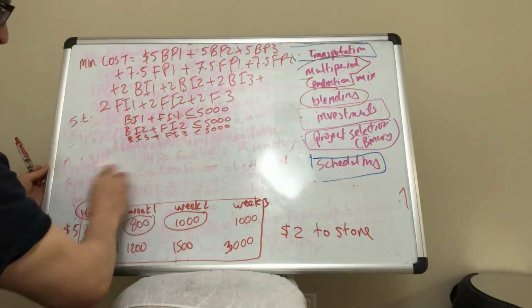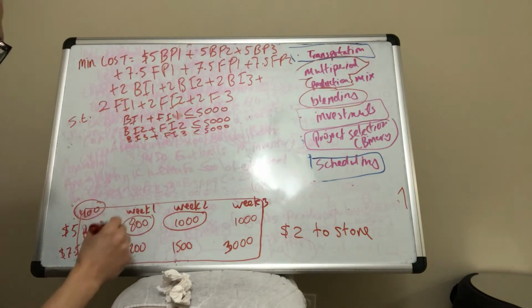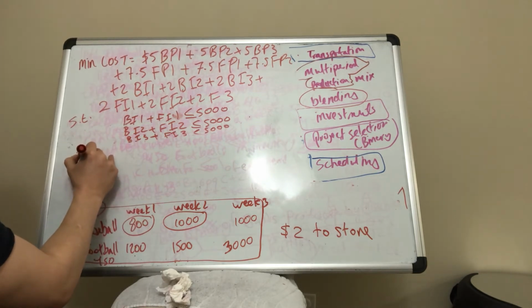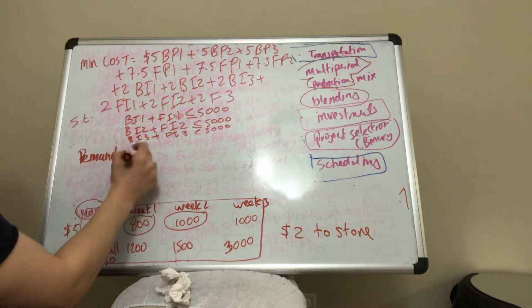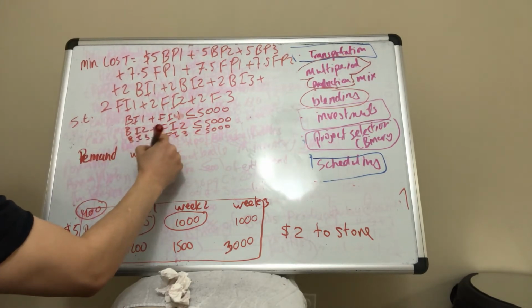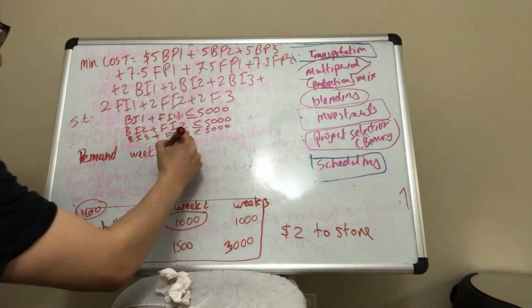Now, this is the only thing that makes this question different: how can you meet the demand for each week? So let's do demand for week 1 baseball.